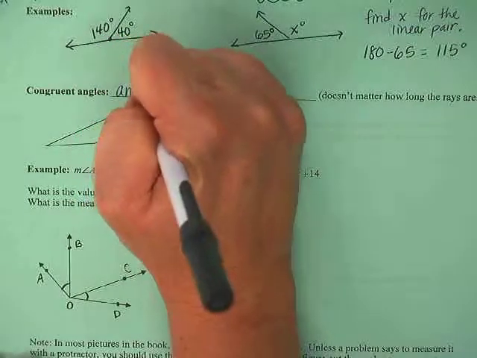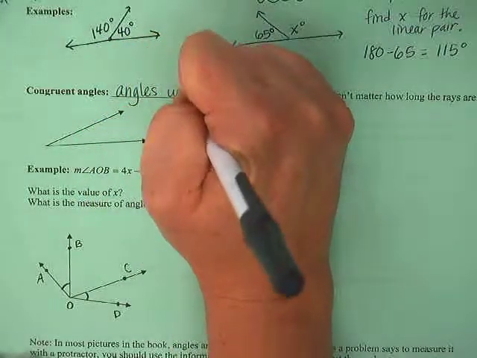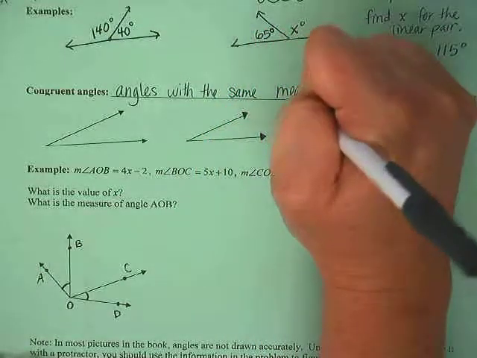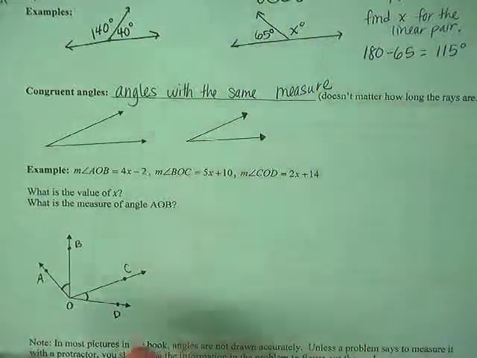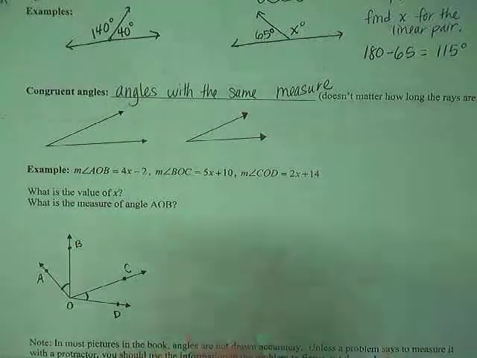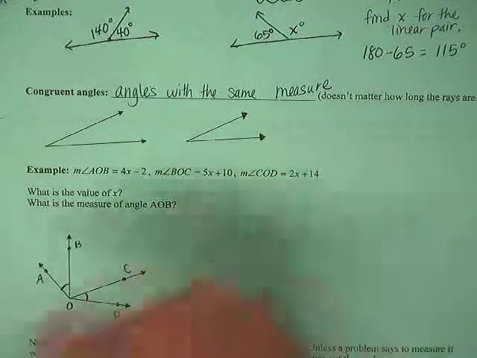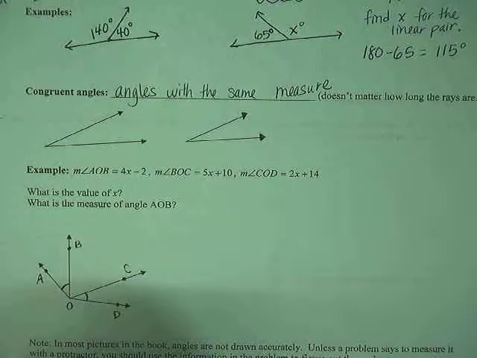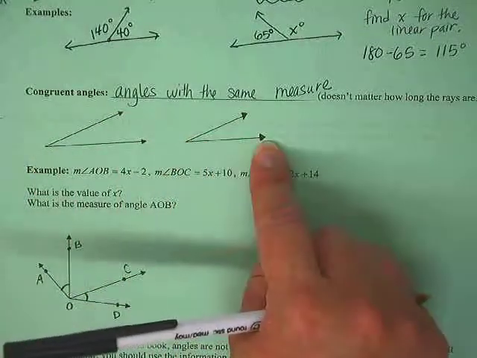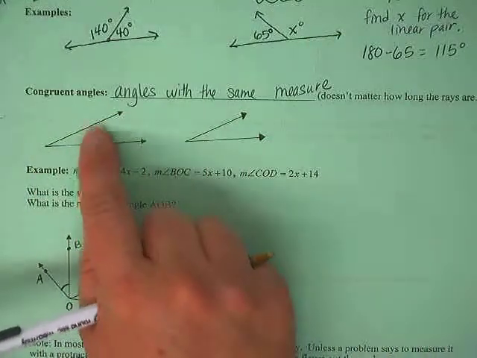Okay. Congruent angles. What do you think congruent angles are? Equal. Congruent angles are angles with the same measure. Do these two angles look like they could be congruent? Yeah. This one, the sides are longer than that one.